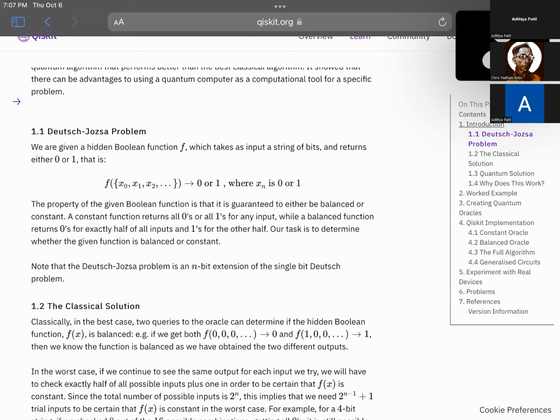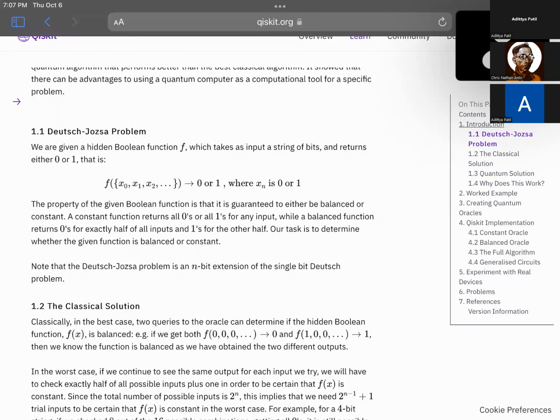That's the Deutsch-Jozsa problem. The property of the given Boolean function is that it is guaranteed to either be balanced or constant. What those two things mean: if you have a sequence of, for example, 3 bits, there are 8 different inputs.